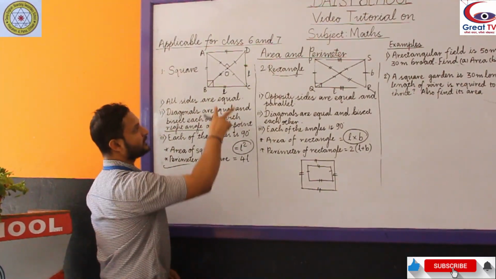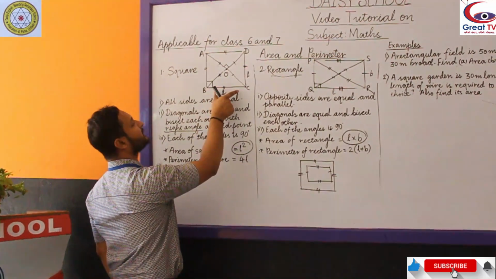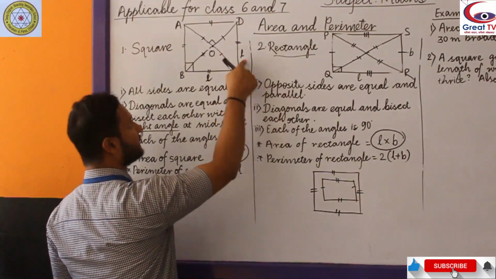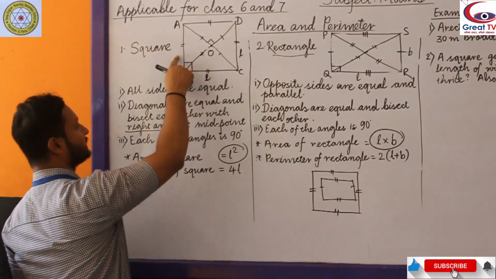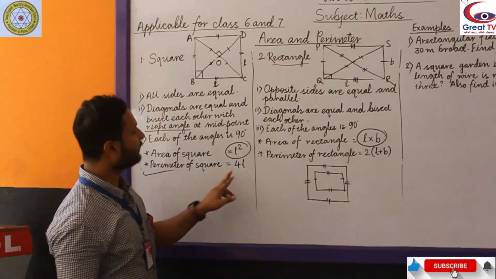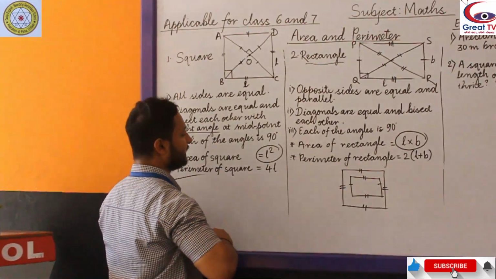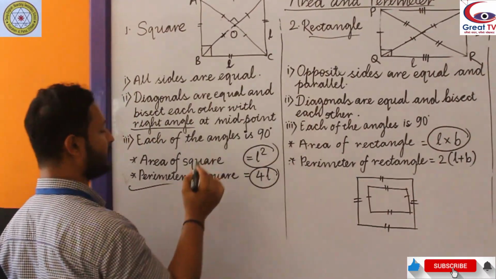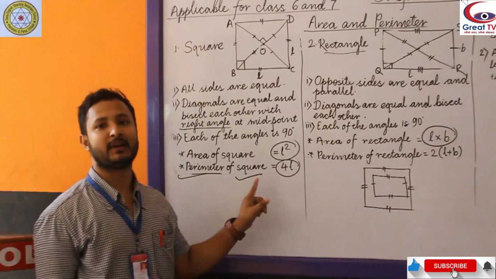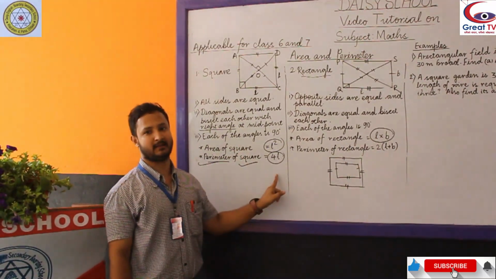So suppose the length of this side is L, then this would also be L, this would also be L, and this would also be L. So when we add all the 4 L's, we get 4L. That's why 4L is the formula to calculate the perimeter of a square. The formula to calculate the perimeter of a square is 4L.